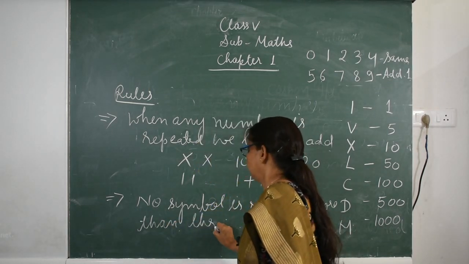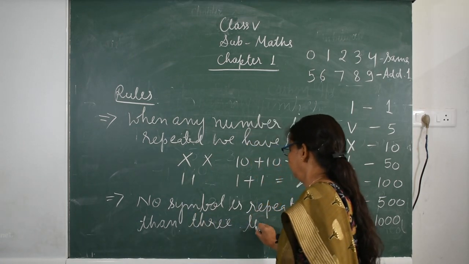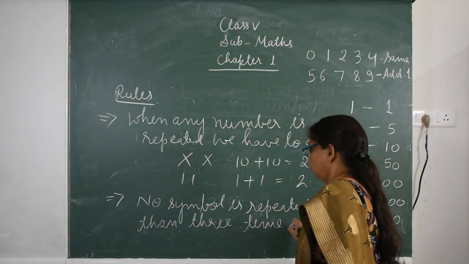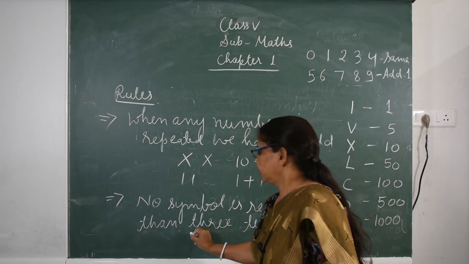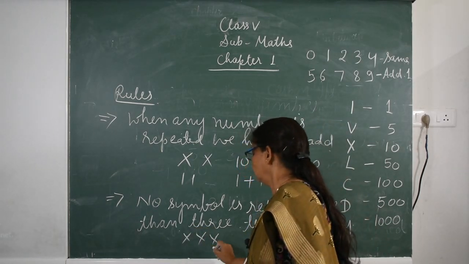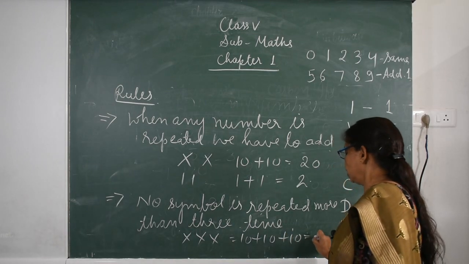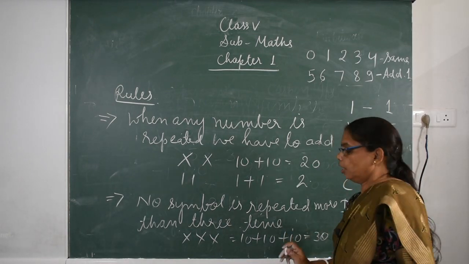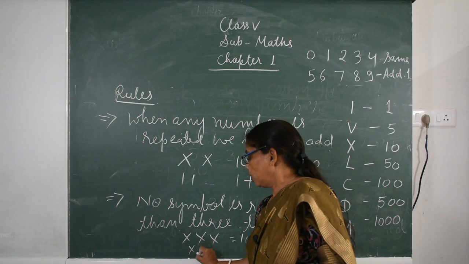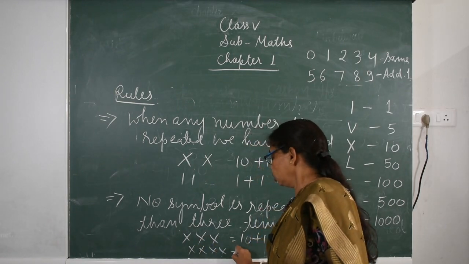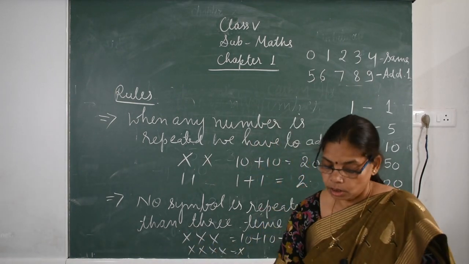three times. For example, XXX is equal to 10 plus 10 plus 10, equal to 30. We cannot repeat this four times. This is the wrong way. So this is wrong.